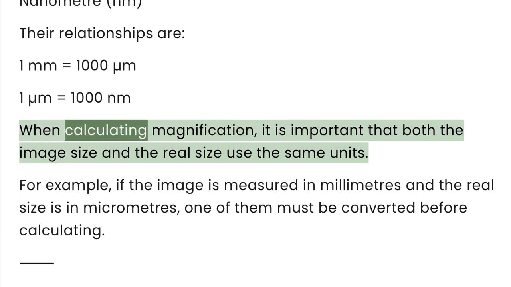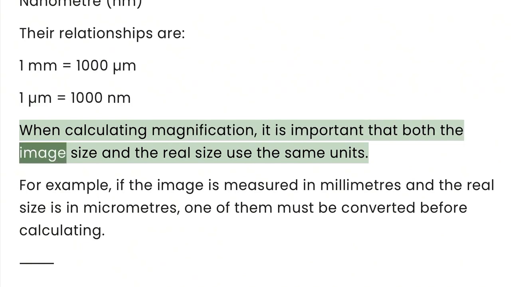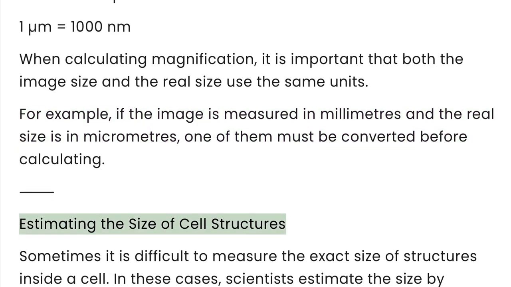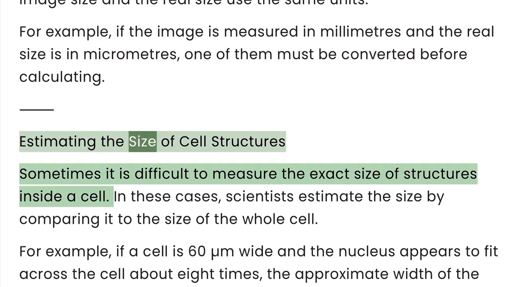When calculating magnification, it is important that both the image size and the real size use the same units. For example, if the image is measured in millimeters and the real size is in micrometres, one of them must be converted before calculating.